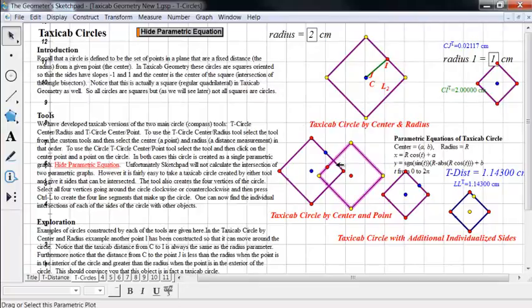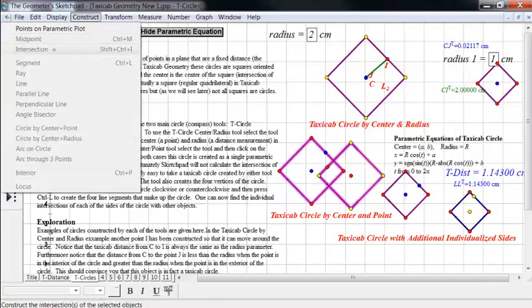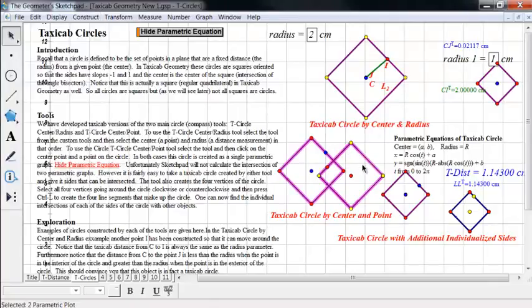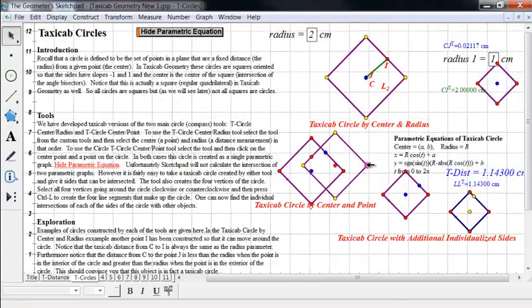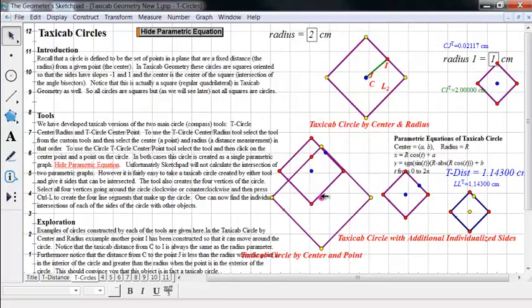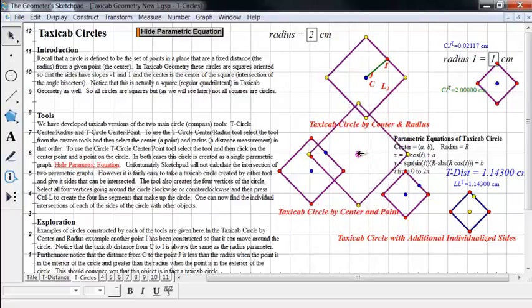So I'd like to be able to take this and construct an intersection, but notice it will not let me do that. And the problem is that Geometry Sketchpad will not let you find the intersection points of 2 parametric curves, which is what we really have defined these as. So that's not so good.